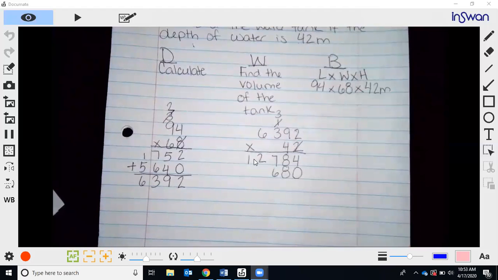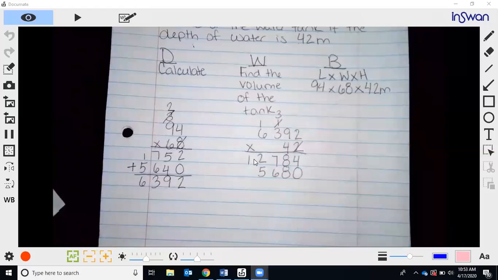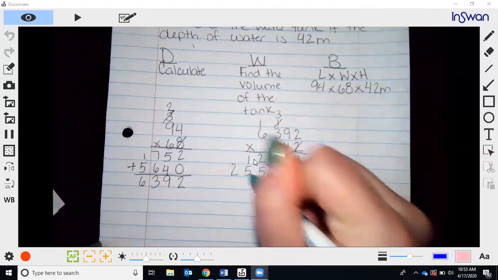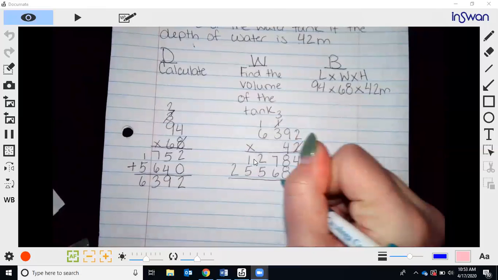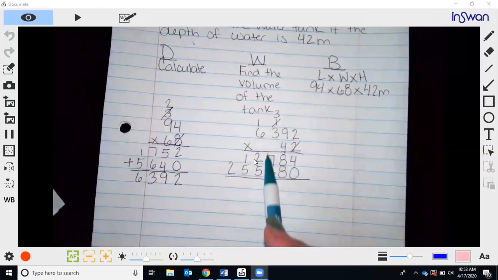Plus 3 is 15. 4 times 6 is 24. Plus 1 is 25. Again, everything needs to be lined up in a nice, neat order. You should see columns. I'd be able to draw lines right down here if I needed to.